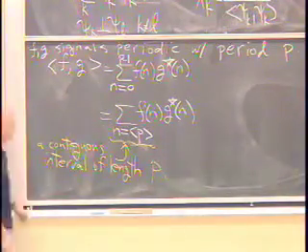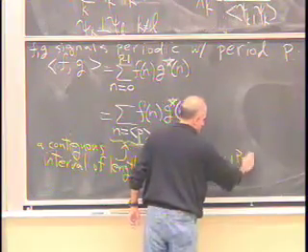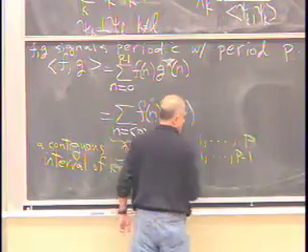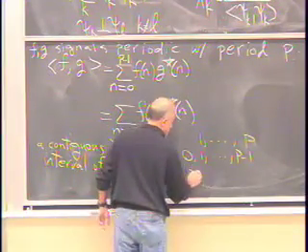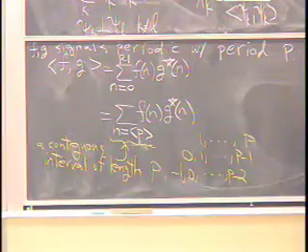So it could be 0 to p minus 1. It could be 1 to p. It could be minus 1, 0 to p minus 2. Whatever is more convenient.